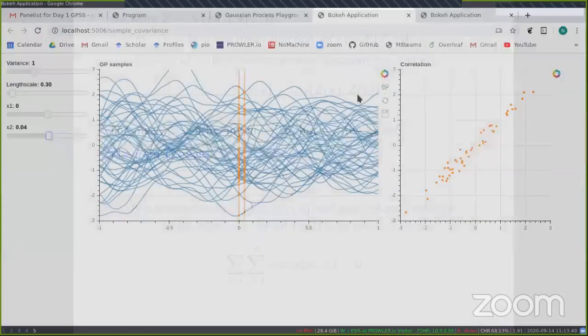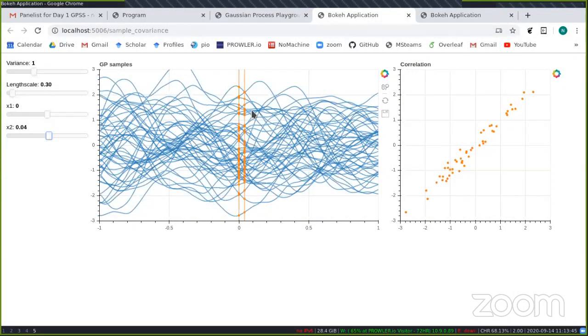So if I come back to this little animation, the mean will just be 0 in this case. What is the expected value of the sample at any point in the space? Here I've picked it to be 0, and the covariance will just be the covariance between these clouds of points.